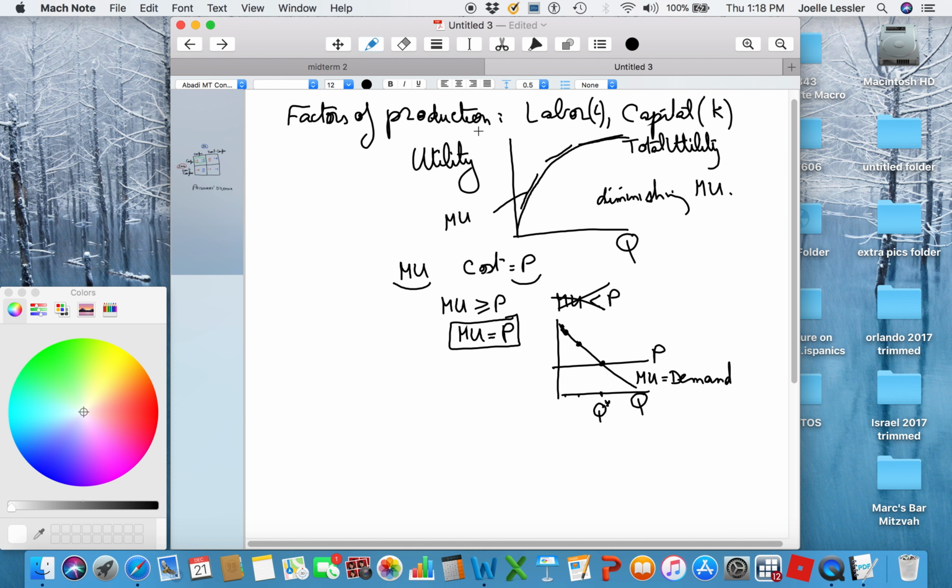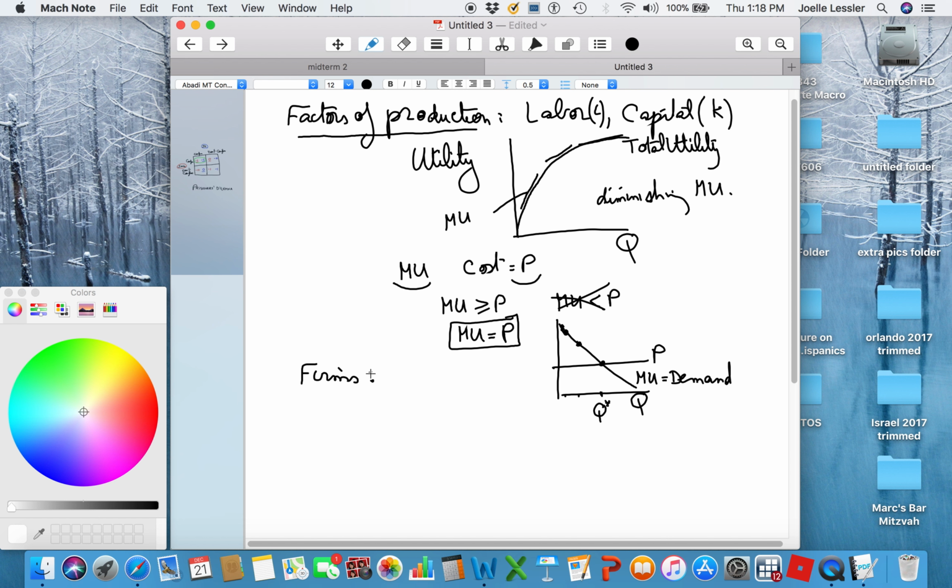We're talking about factors of production. So just like when we analyzed how consumers decide how many t-shirts to buy, when it comes to firms making a decision, how do firms decide how many workers to buy, how many machines to buy?